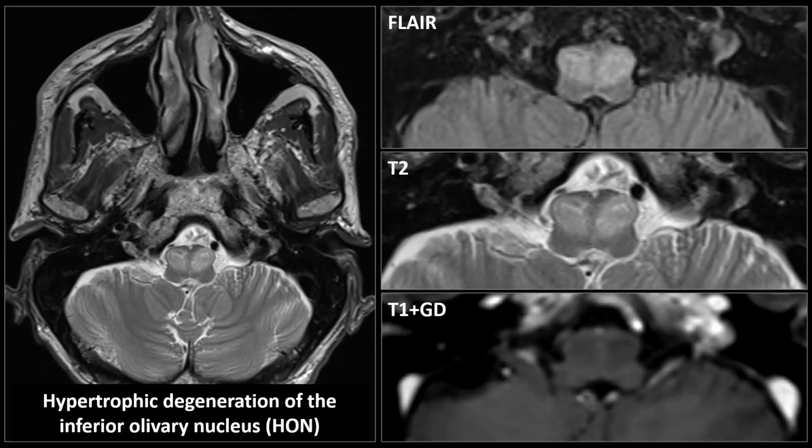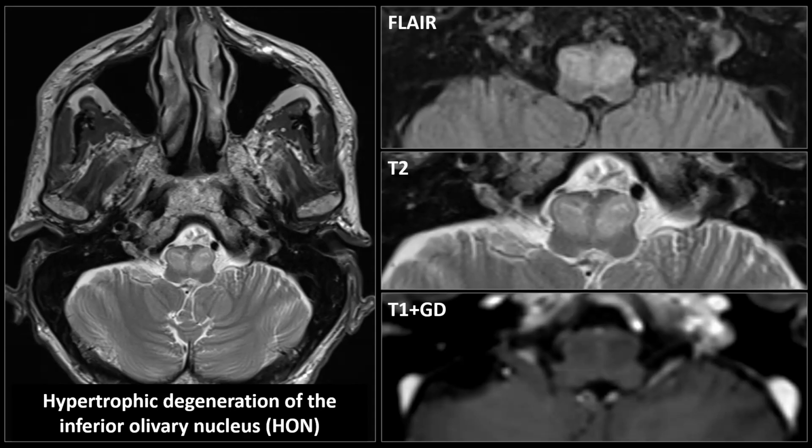It's basically a form of Wallerian degeneration, but Wallerian degeneration mostly causes atrophy when it involves the inferior olivary nucleus. It basically causes hypertrophy of the cells located over there, why is a bit unclear, but it's just what happens.